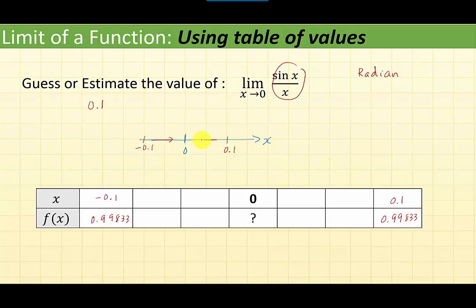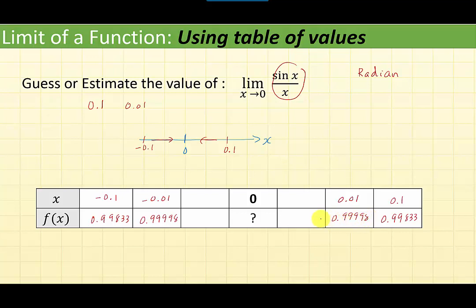Now let's get closer to 0, say 0.01 away. That means we get negative 0.01 and 0.01. When x equals negative 0.01, I got 0.99998. Also, when x equals 0.01, I got the same number, 0.99998.